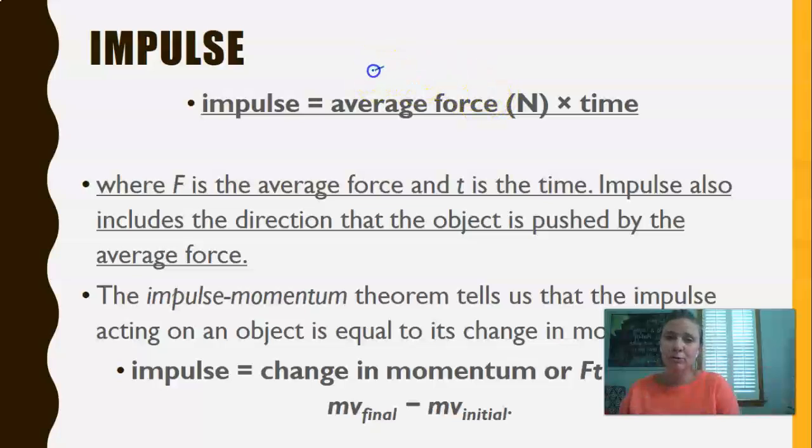So our average force, F equals ma, times time. That's where what we talked about with Newton's first law kind of comes into play with our impulse. Where F is the average force and t is the time. Impulse also includes the direction that an object is pushed by the average force.